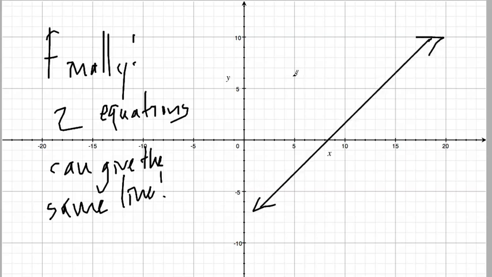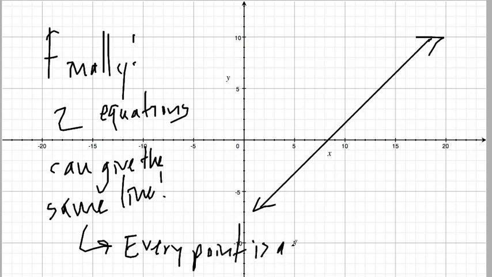Maybe, for example, we've seen that we can write lines in different forms of equations. So if I give you two equations that are in different forms but give us the same line, the solutions are every single point on the line. So every point is a solution.